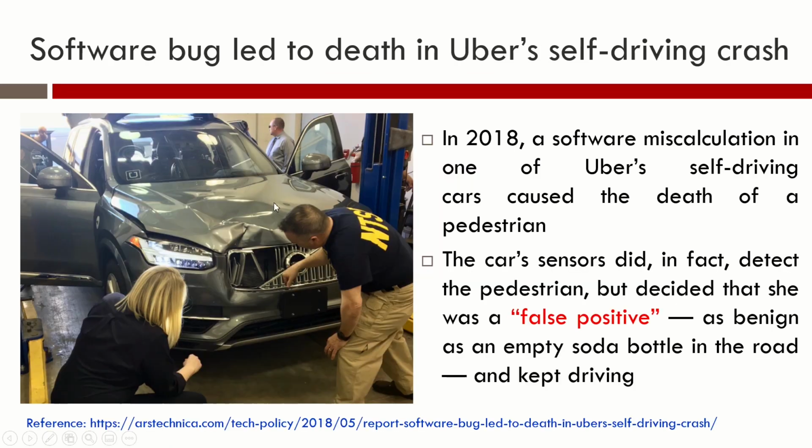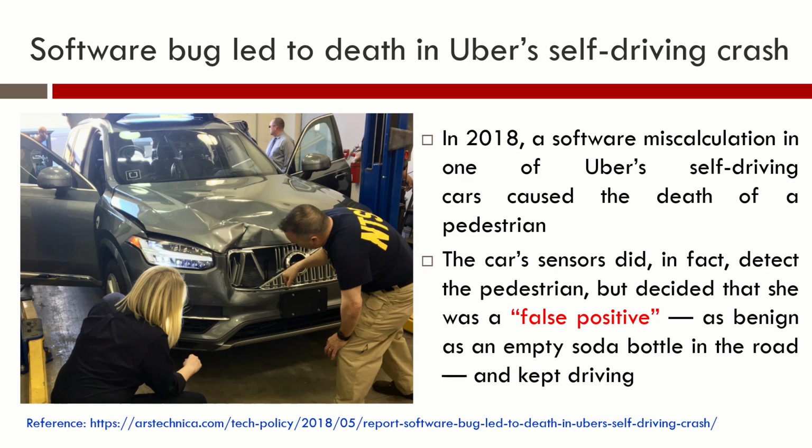Now again, in 2018, a software bug led to the death of a pedestrian in an Uber self-driving car crash. What happened is the car's sensor either didn't detect the pedestrian, or it detected, but it decided that it was a false positive.